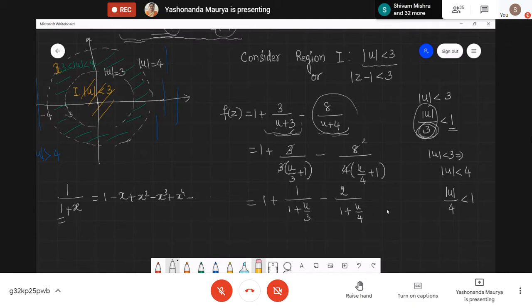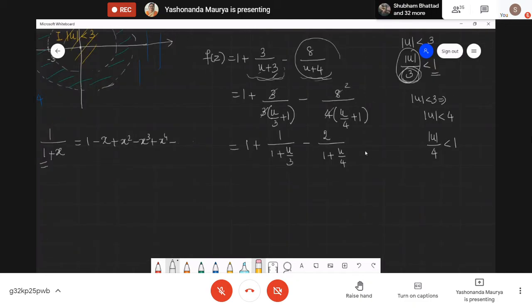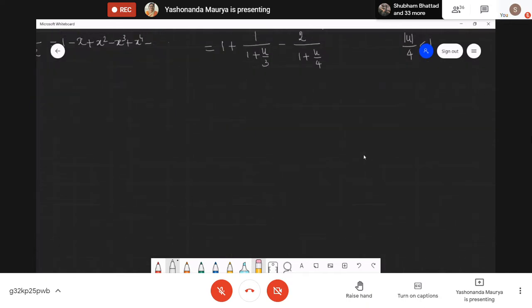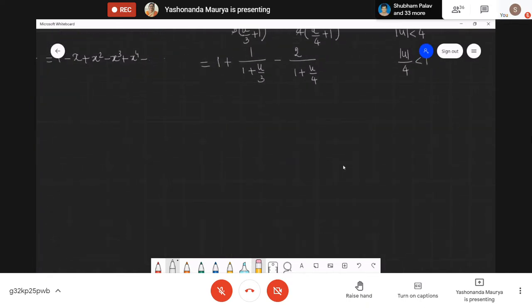Now we can simplify these expressions here. So this turns out to be 1 plus, I'll use this expression, so it will be 1 minus u by 3 plus u by 3 whole square minus u by 3 whole cube and so on.